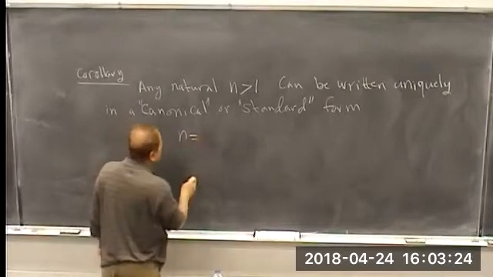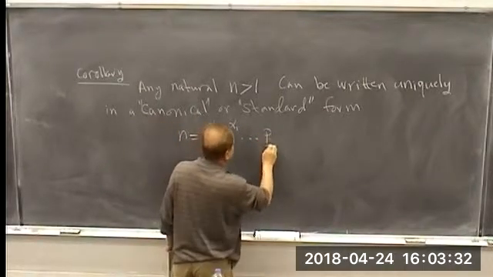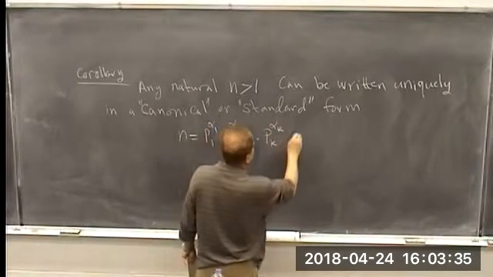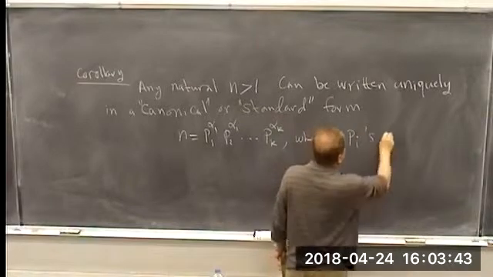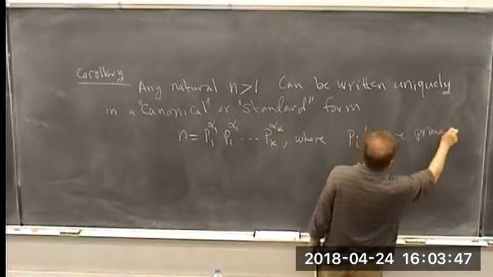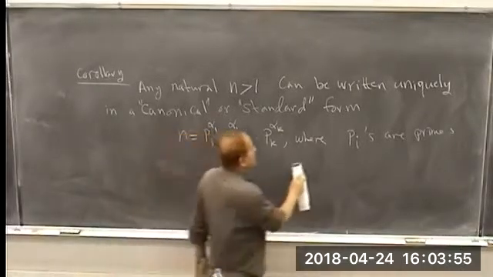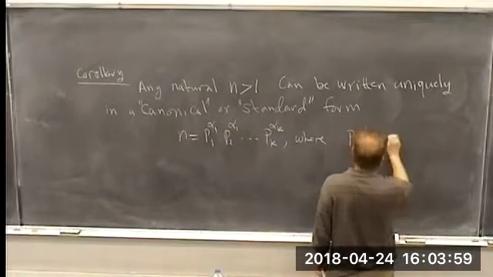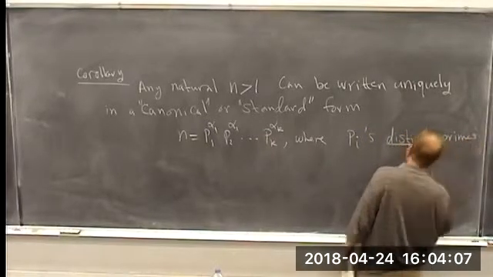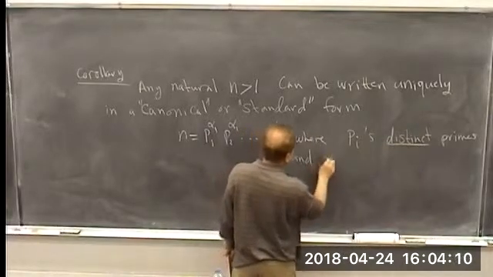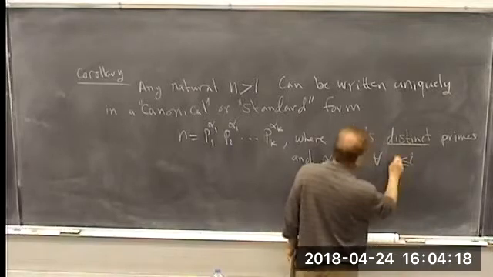And this is the way it is written: P1 to the alpha 1, P2 to the alpha 2, up to P sub K to the alpha K, where the P sub I are primes, distinct primes actually, and the exponent alpha I is bigger than or equal to 1 for every I between 1 and K.